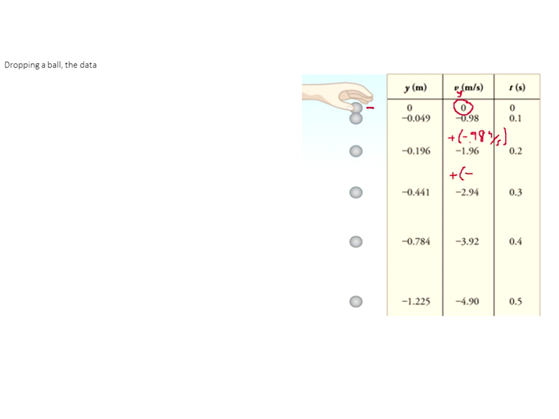Here again, we're adding a negative 0.98 meters per second. So we get 3 times negative 0.98, or 2.94. Here we're adding it again, we're adding it again. So when something has a constant acceleration, every tenth of a second we're adding a certain amount of velocity.